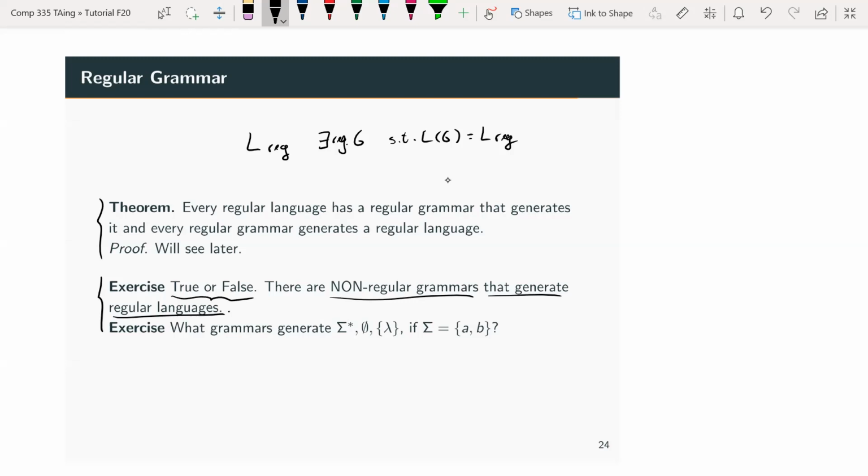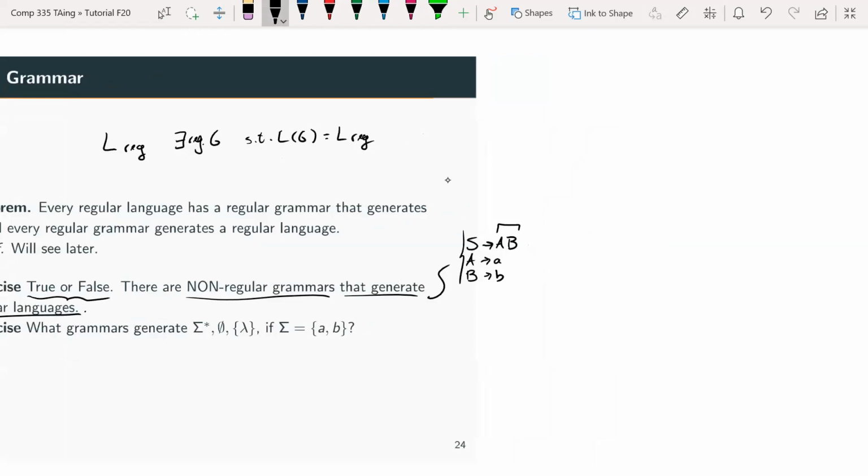Why? Because for instance, if I have S gives you AB, this is not linear, so for sure the grammar itself is not regular. Then if I say A gives me little a and B gives me little b, and this is my grammar G, I know that L of G is just ab.